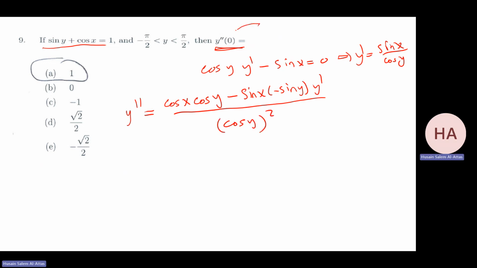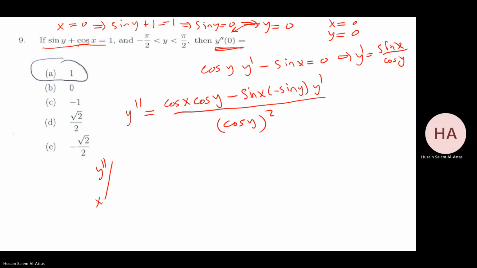We want to find it at x equals 0. If x equals 0, sine y plus 1 equals 1. So sine y equals 0, so y equals 0. Substitute that. So I have x equals 0, y equals 0.